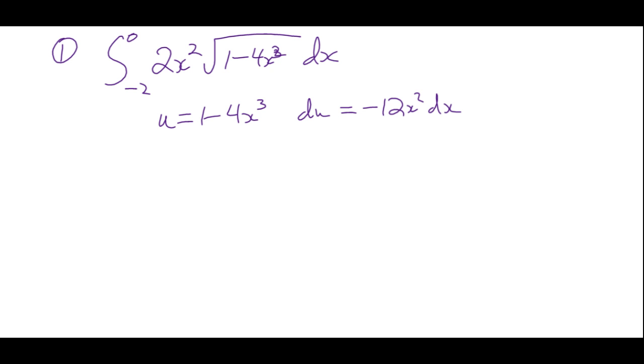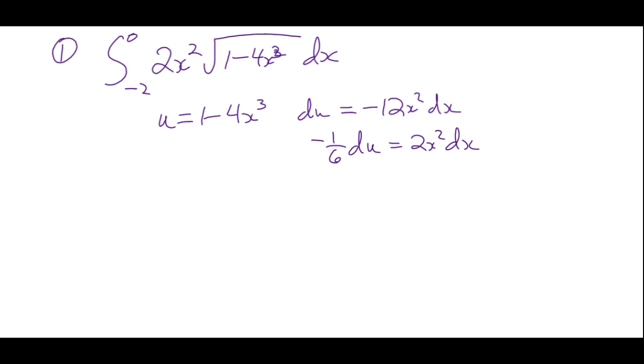So if I want to make this into a positive 2, what do I do? Divide by -6, right? Or multiply by -1/6. So now the 2x squared dx that's up there can be replaced with -1/6 du. And the root of 1 minus 4x cubed can be replaced with the root of u.